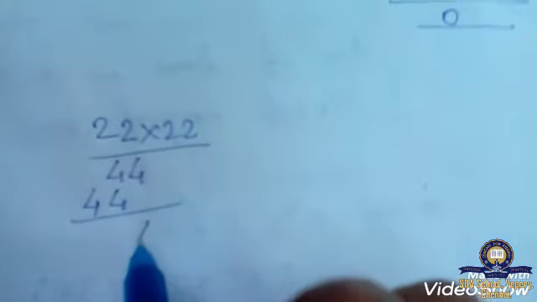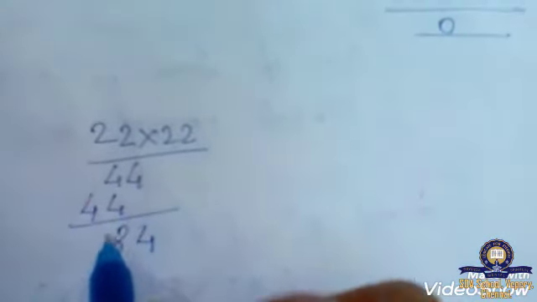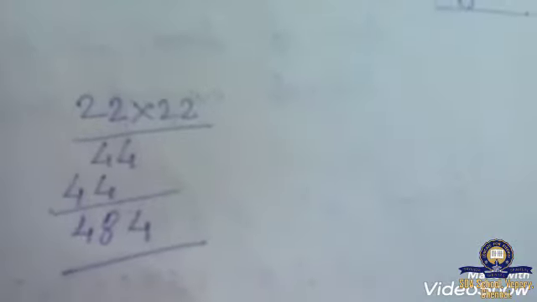So we get 2 2s are 4, 2 2s are 4, then 2 2s are 4, 2 2s are 4. So when we add these terms, we get 4 plus 4, 8. Since our answer is correct, it is a perfect square.